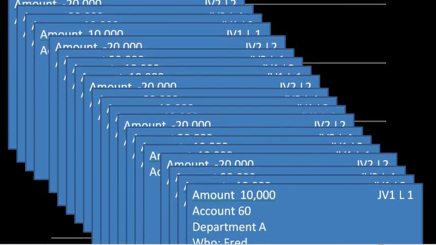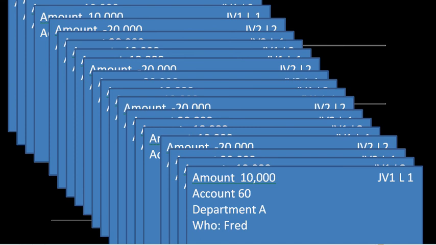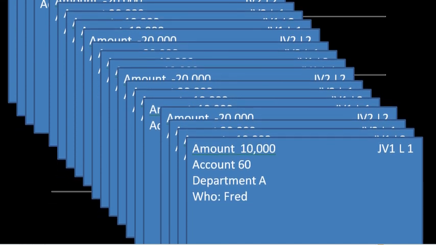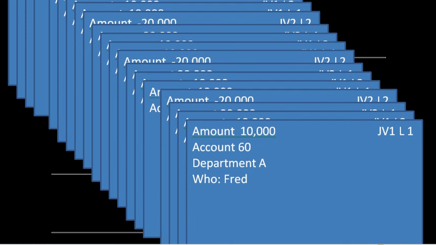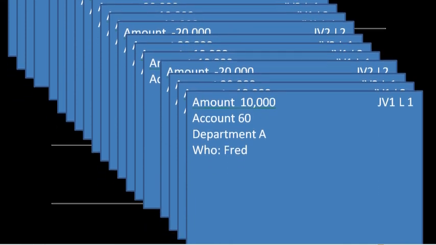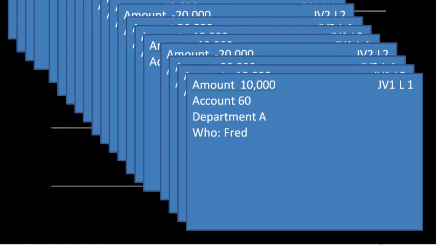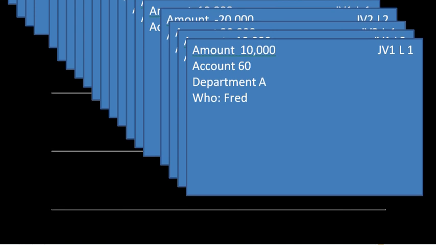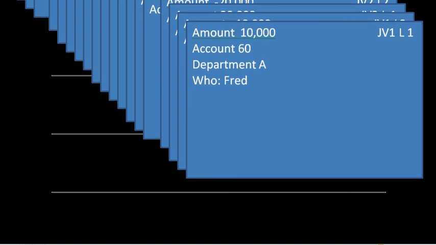Someone comes along and says, Mac, I would like to have an analysis of my employee expense by who. Okay, I would like to know who had what employee expense. So in order to do that, we'll set up now 4 tables.